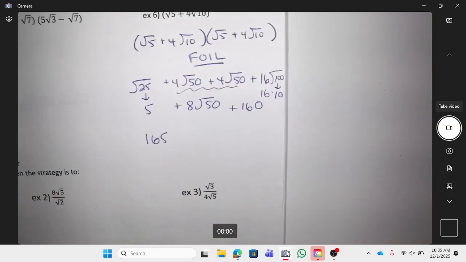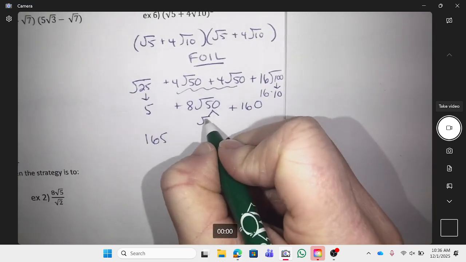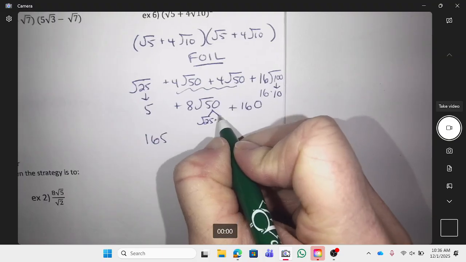And I'm not going to write 8 root 50. Do you see why? I can tackle that. Why can I tackle it? Because it can be broken down. How can you break down 50? Root 25, root 2.